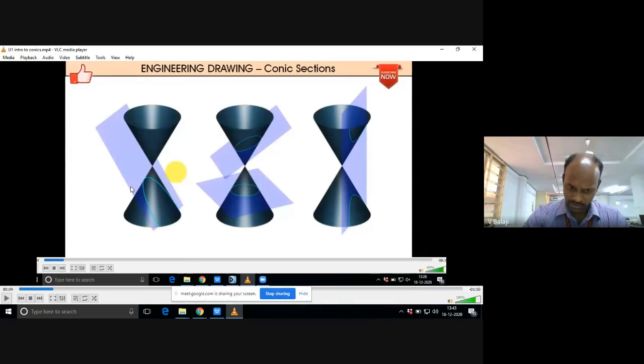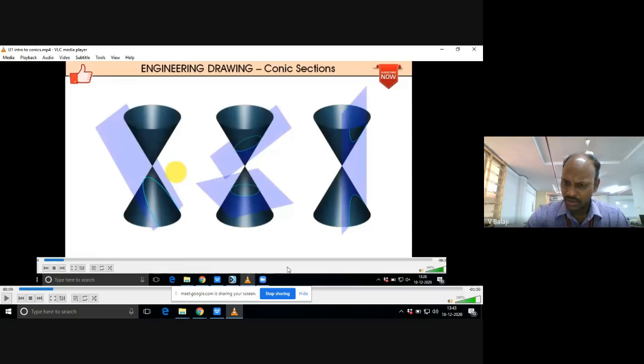One is the elliptical curve, the other is the parabolic curve, and the third is the hyperbolic curve. These are known as conic sections because we generate all these from a right circular cone.